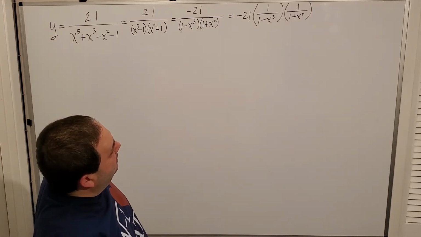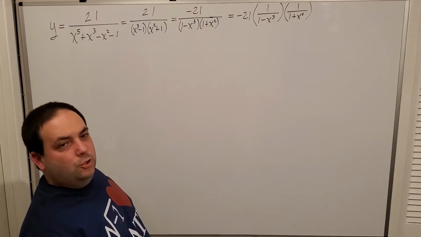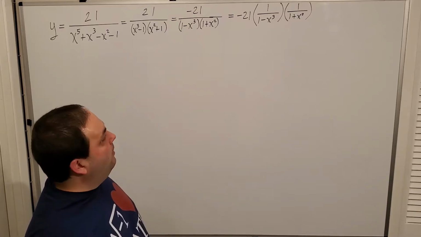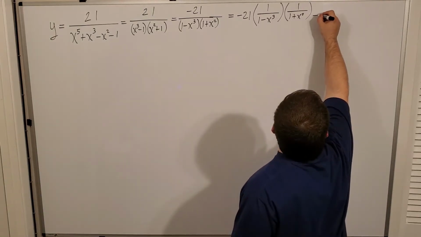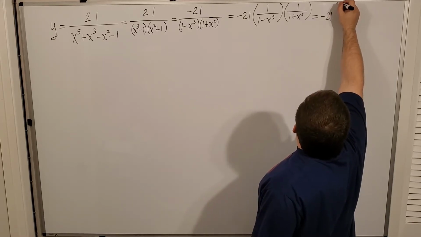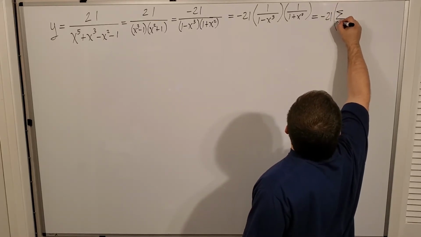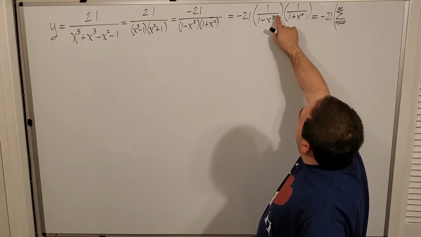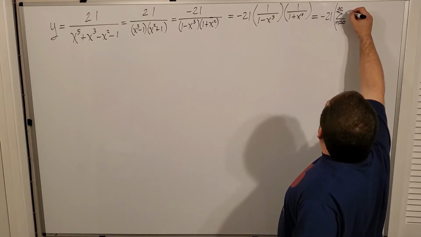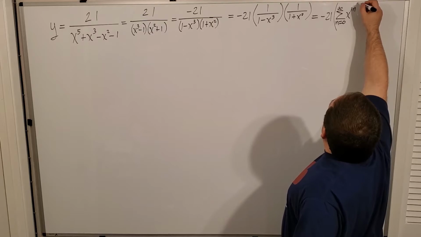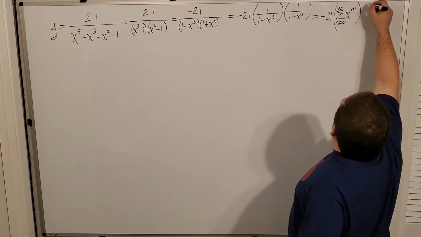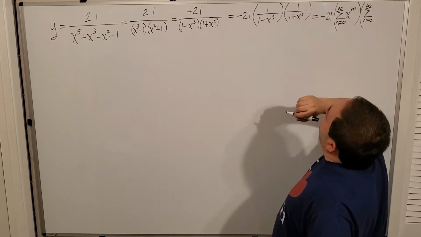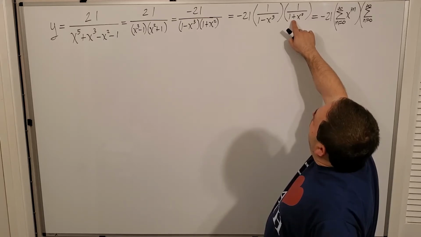Okay? So then I'm going to convert both of those rational pieces into their infinite series counterparts using the geometric format. So this is going to be equal to negative 21 times the sum from n equals 0 to infinity of, now notice here my r is just x cubed, so I will have x to the 3n, and that's it, times the sum n equals 0 to infinity of, here I'm going to need to employ the double negative.